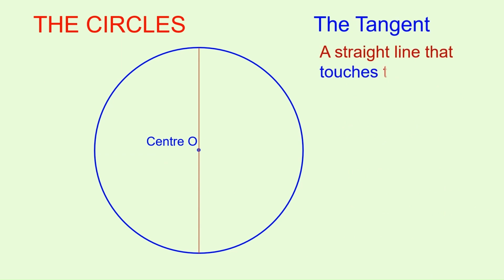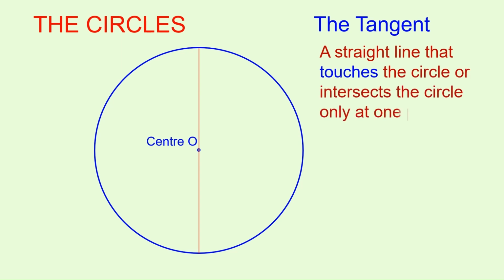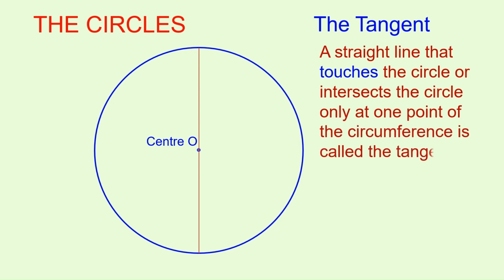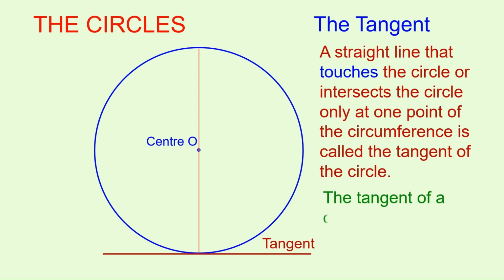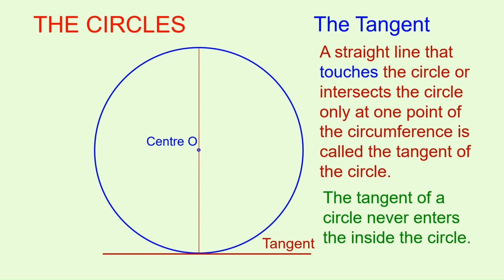The tangent of the circle, a straight line that touches the circle or intersects the circle only at one point of the circumference, is called the tangent of the circle. Note: the tangent of a circle would never enter the inside of the circle.